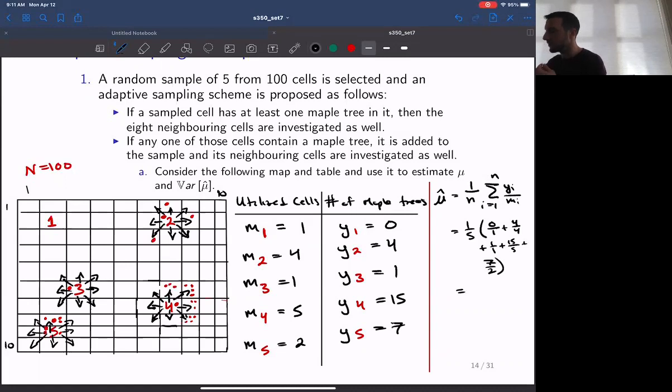So that would be 0, 1, 2, 3. 1 plus 1 is 2, plus 3 is 5. 5 plus 7 over 2. 7 over 2 is 3.5. So 8.5 divided by 5. So that should be 2 points.